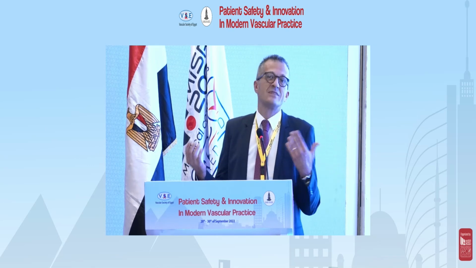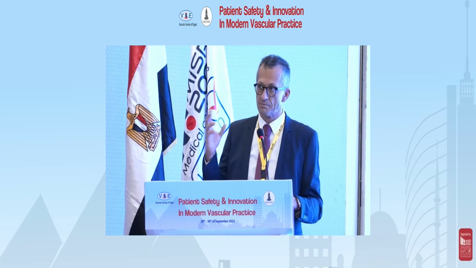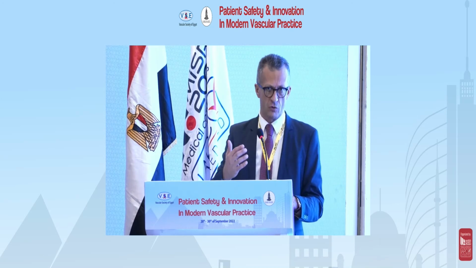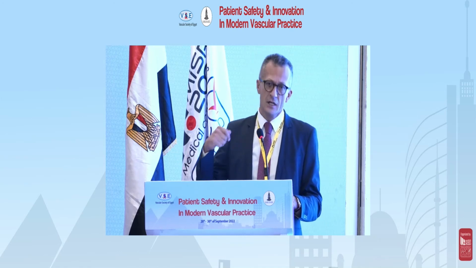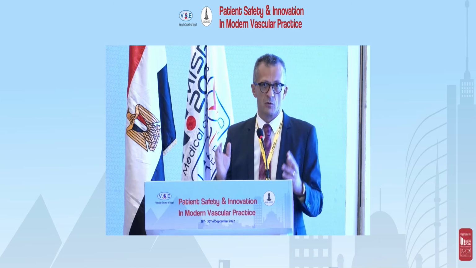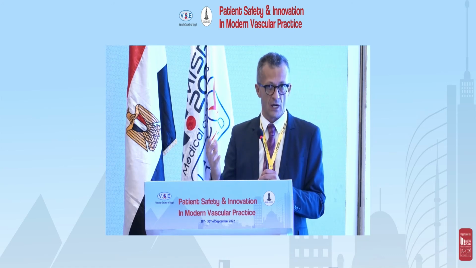But the technique is the same. Probably it's a bit easier to remove the thrombotic material than the intimal hyperplasia. But if you work well, it's possible to obtain also an effective lumen gain removing hyperplasia.